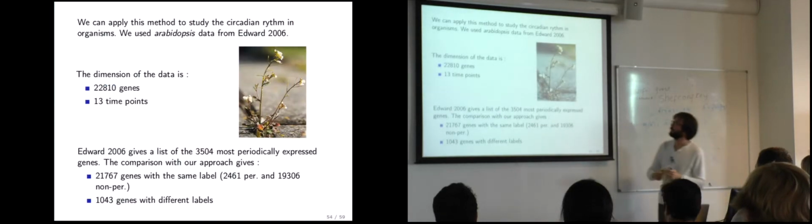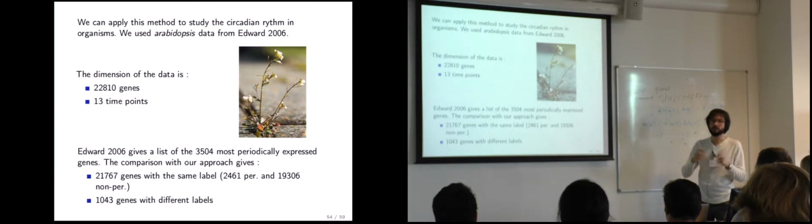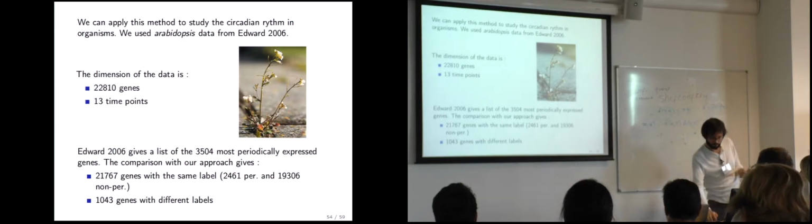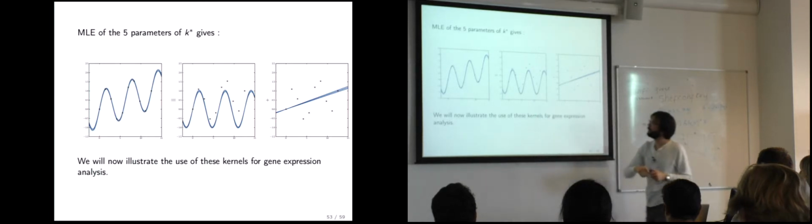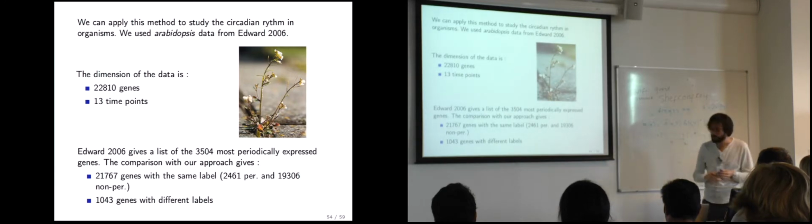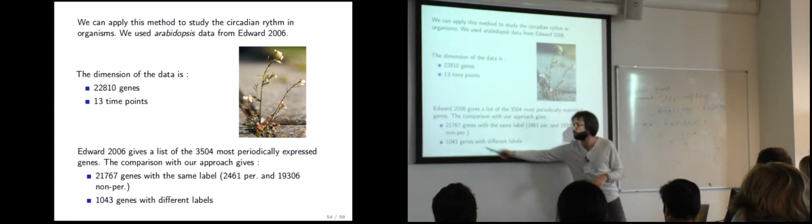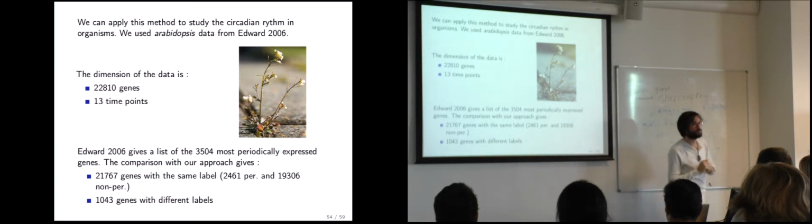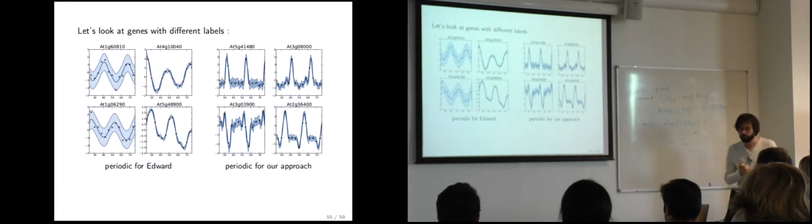We fitted 22,000 models, and we looked at which ones, according to our model, have a large periodic component, and we labeled those as periodic genes. We were agreeing on most of the predictions, but we also had a significant number of genes on which we disagreed with the previous literature on which ones are periodic or not.